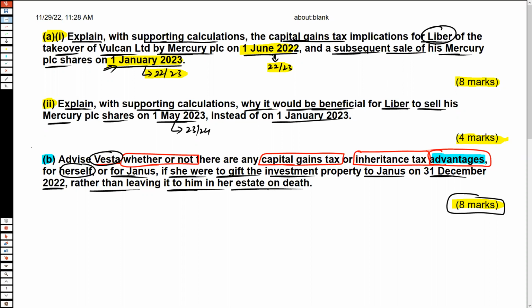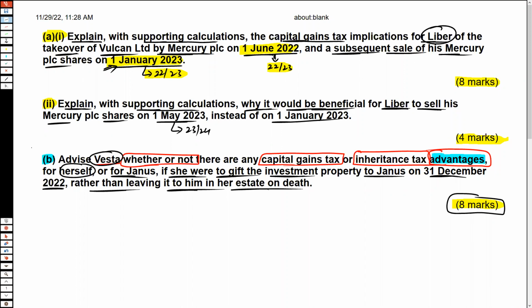Although we have not yet studied the scenario, we have not read the scenario, still without reading the scenario we can plan for these 8 marks. What will be your planning? Just think, write, note down by yourself. I'm not going to ask you what you have written, what you have planned.